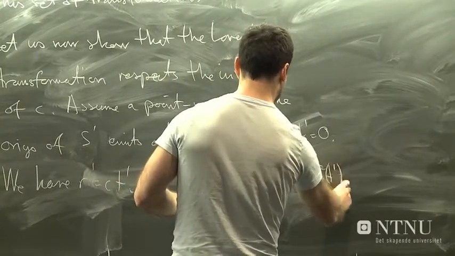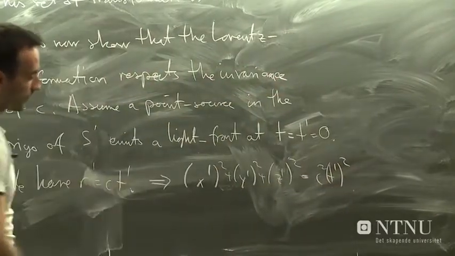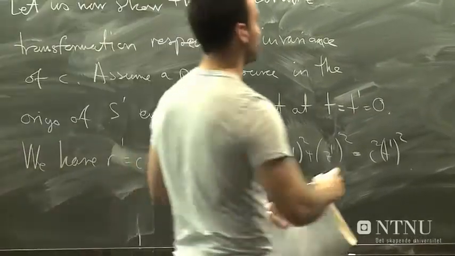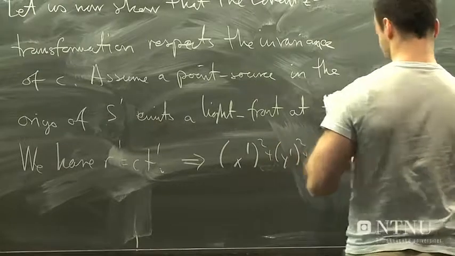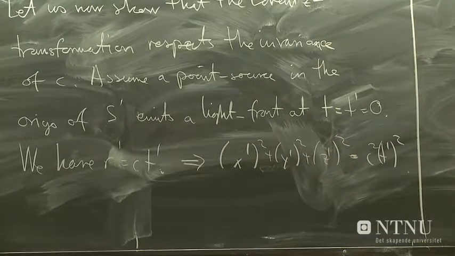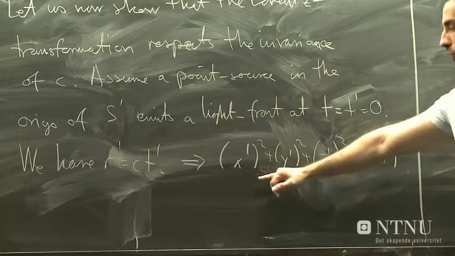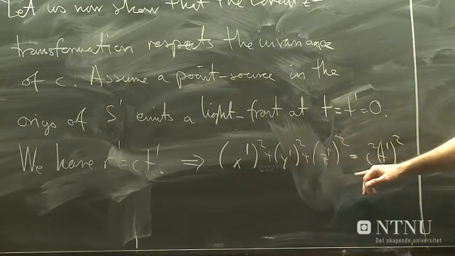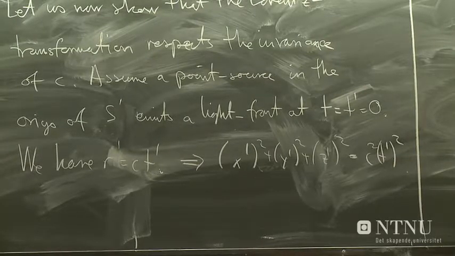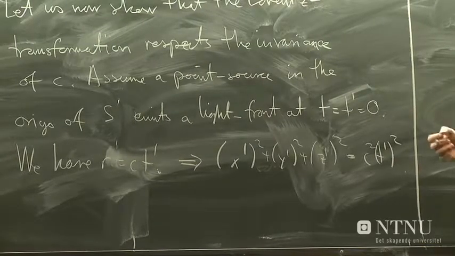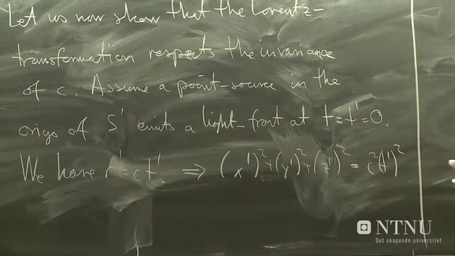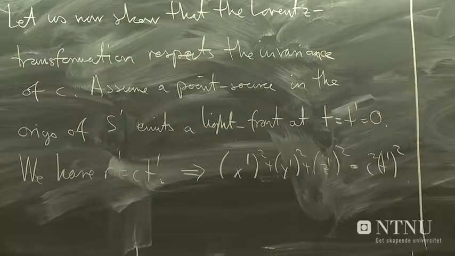We can rewrite this by squaring it in the following way. Now comes the test. If we now transform these coordinates back to the coordinate system in S, in other words, to find out how an observer in S sees that this light moves, what kind of speed do we obtain?